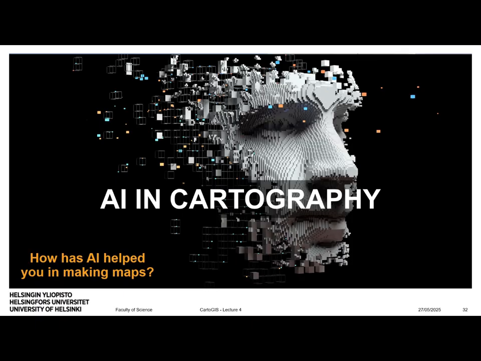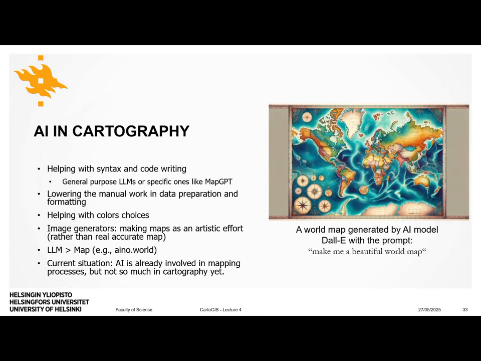You use it for color, you use it for helping with code or small visual details. We're doing research on what is happening in the world of cartography in relation to AI, and I can see all these pieces emerging, but it's still in its infancy. So it's interesting to follow what will happen in coming years.